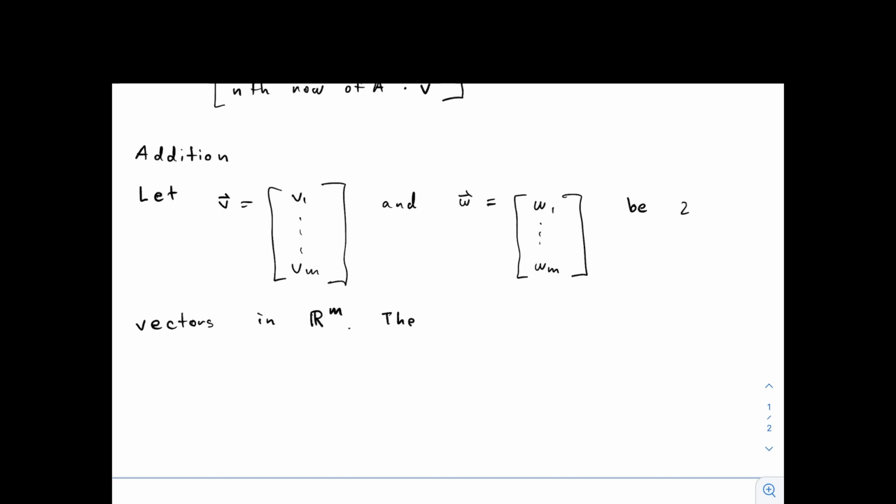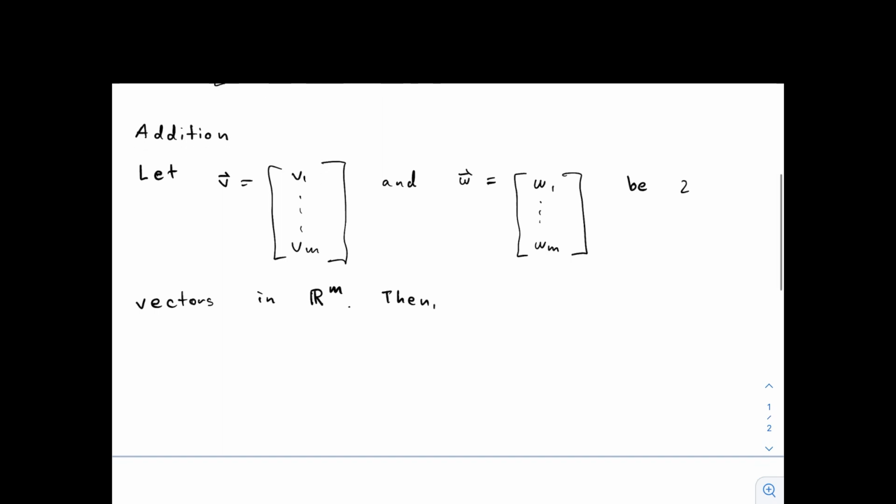Then v plus w is equivalent to v1 plus w1 all the way down to vm plus wm, right? Because we know that the addition of vectors is done component-wise.